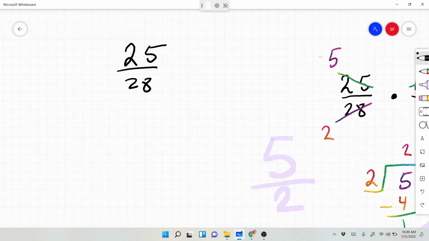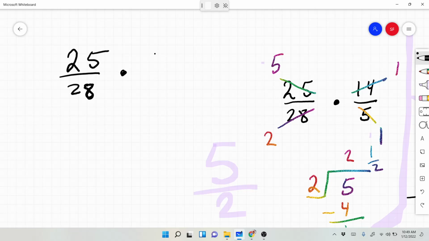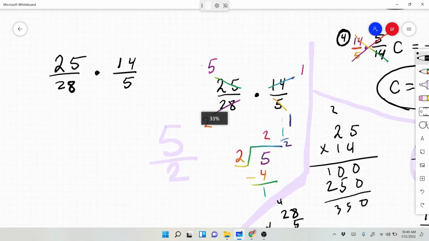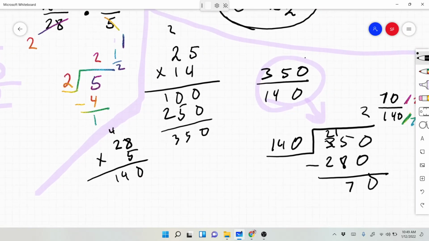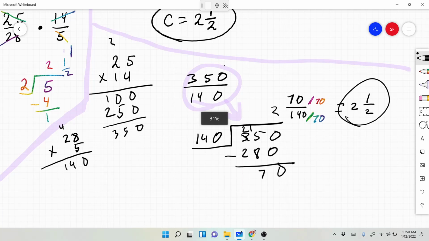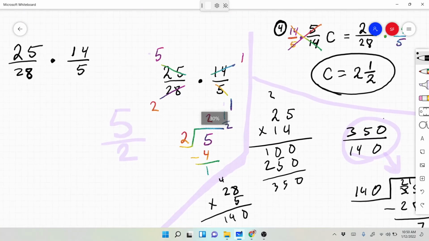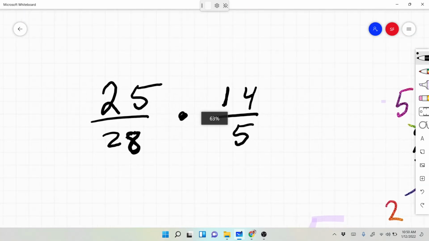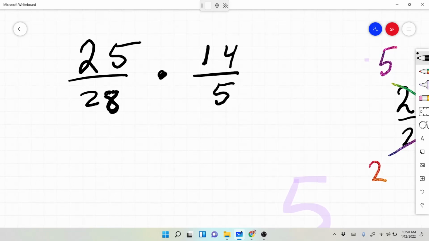Y'all might see I went for the big gun straight away, but you might see something smaller like what we did over there. So let y'all walk it through with me. Because on this problem, this way is definitely easier than this way. It takes a little practice, which we've already seen a little bit.